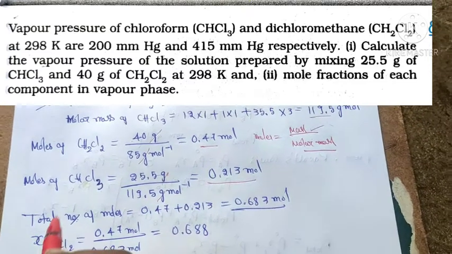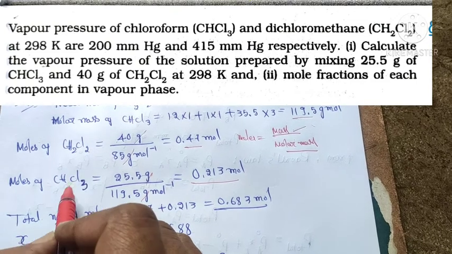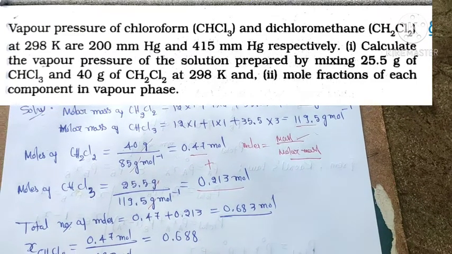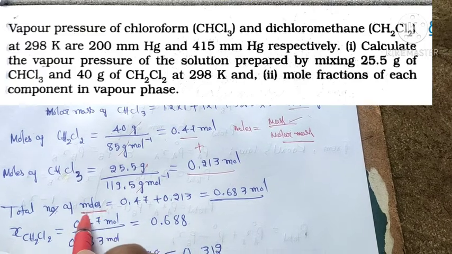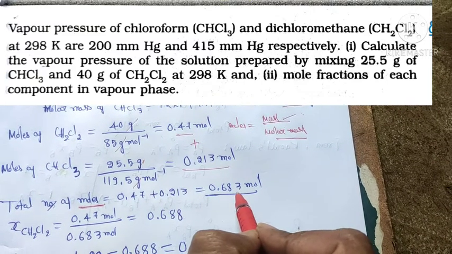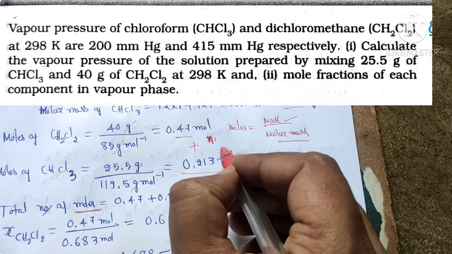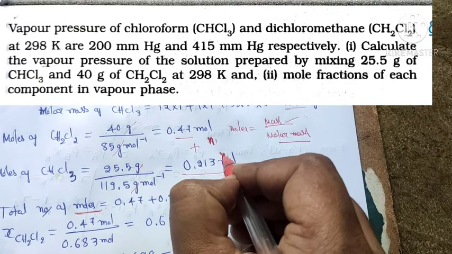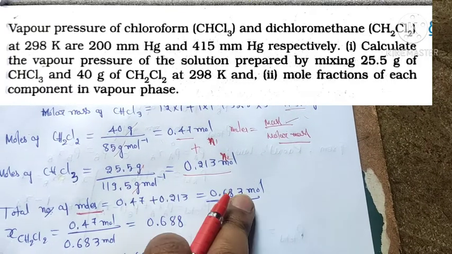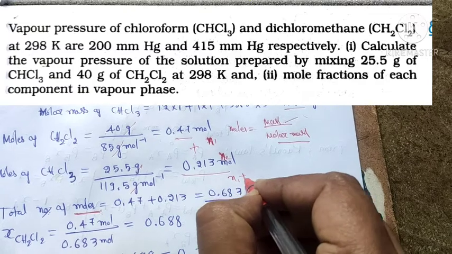Adding the moles of dichloromethane and chloroform, the total number of moles is 0.683. This is considered N1 and this is considered N2, so the total is N1 plus N2.